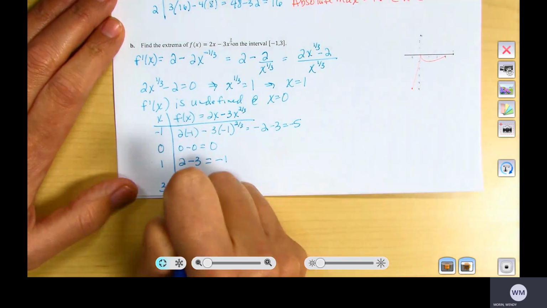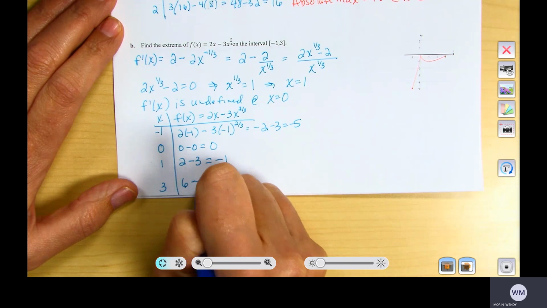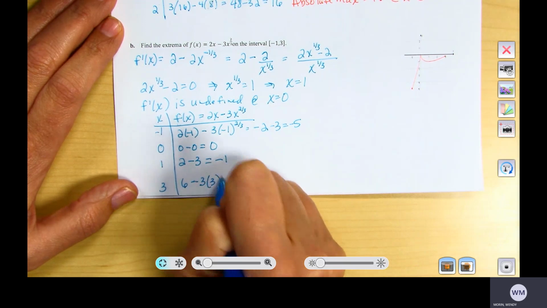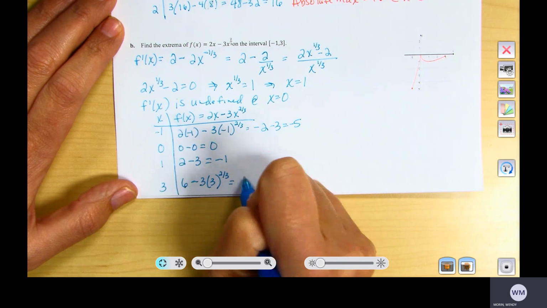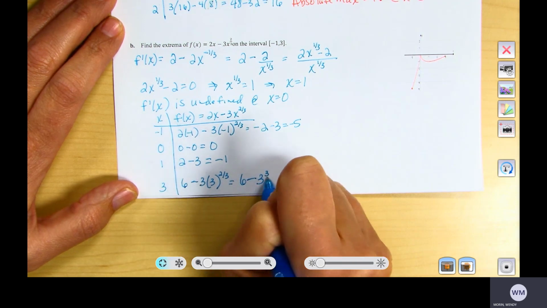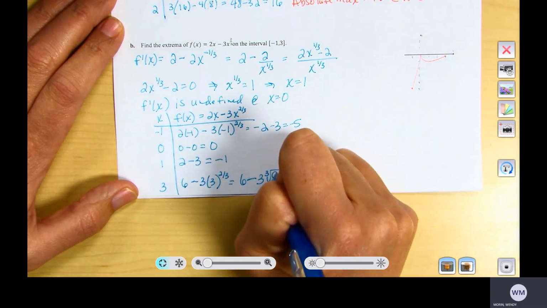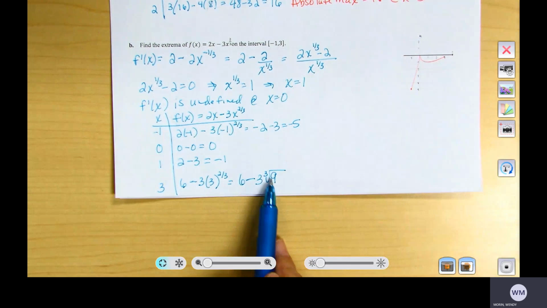Now let's plug in a 3. 2 times 3 is going to give us a 6, minus 3 times 3 to the 2/3. And that is 6 minus 3 times the cube root of 3 squared, the cube root of 9. Well, the cube root of 9 is close to the cube root of, I'm sorry, the cube root of 8. So this is a little bit bigger than 3 times 2.